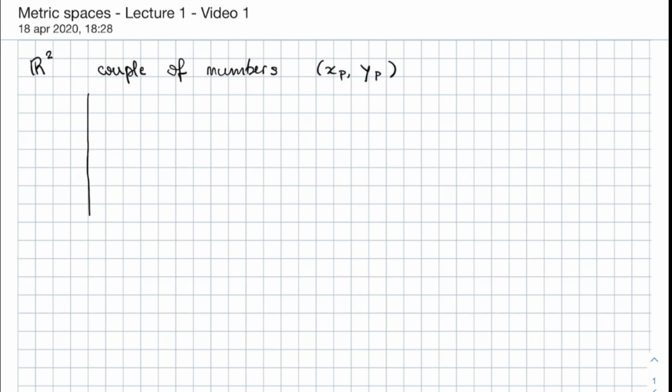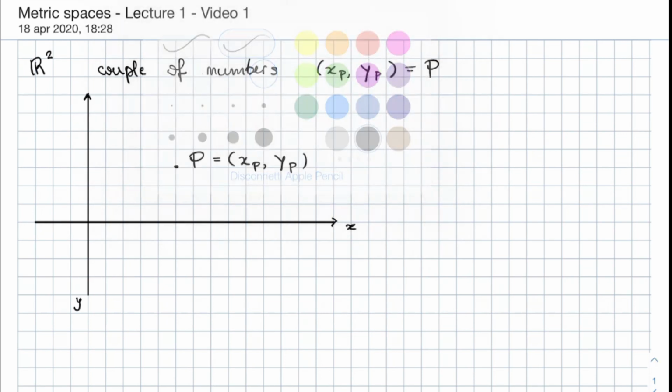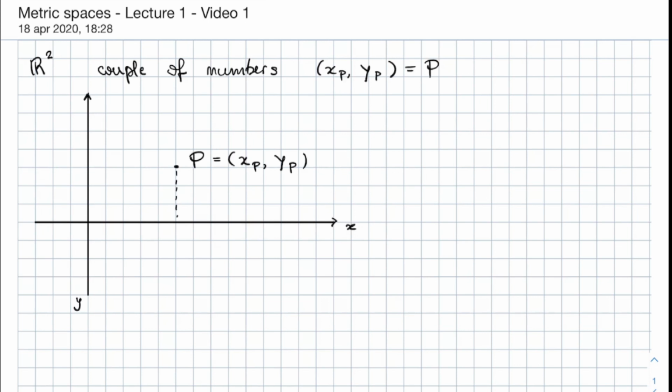So if we were to draw the vertical axis of the y-axis and the horizontal axis of the x-axis, then the point P would be a point here with coordinates xp, yp, which just means that the coordinate on the x-axis is xp and the coordinate on the y-axis is yp.